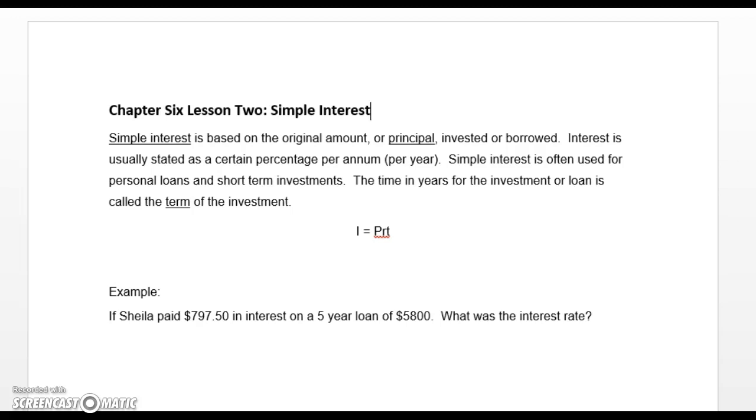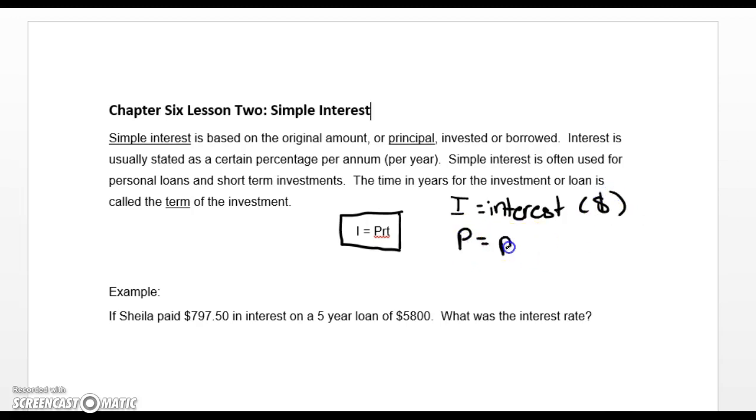The time in years for the investment or loan is typically called the term of the investment, and we have the following formula for simple interest. I = P × R × T. I stands for interest, and this is your dollar amount.